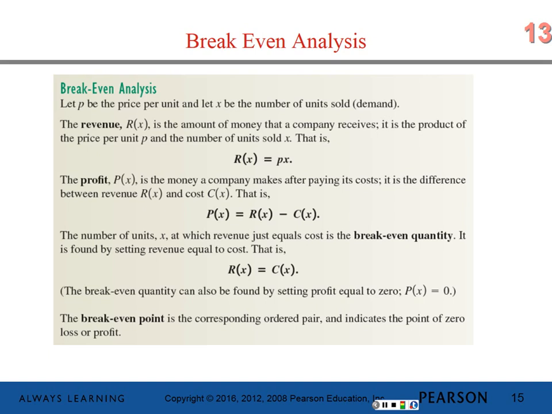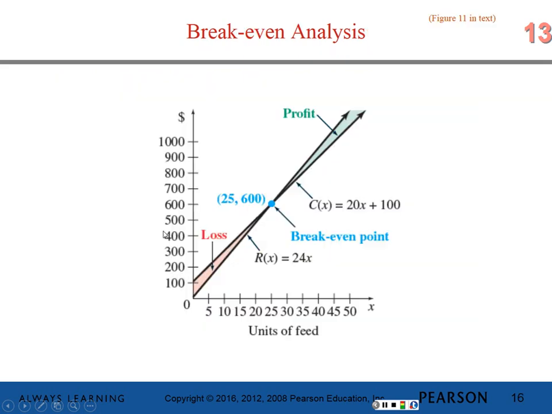And if you want to find your profit function, you'd simply take your revenue function and subtract your cost function from it. And the break-even quantity can be found either by setting revenue equal to cost or by setting your profit function equal to 0. And remember that the break-even point is always 2 numbers. It's going to be an ordered pair.